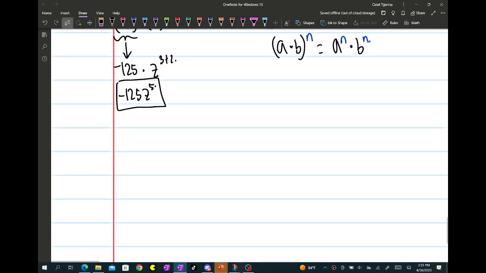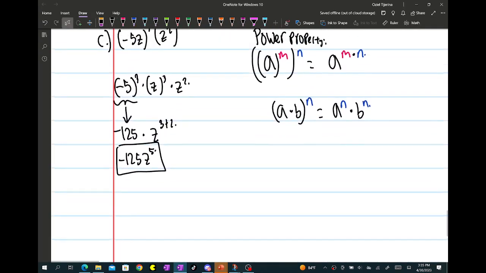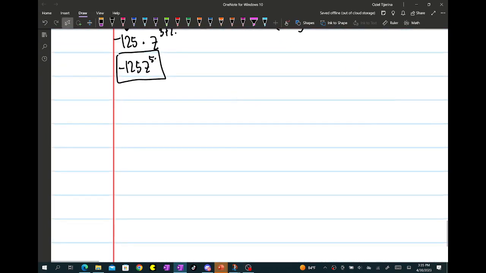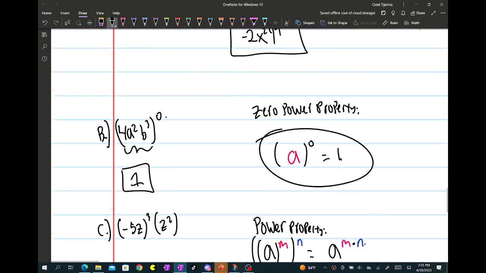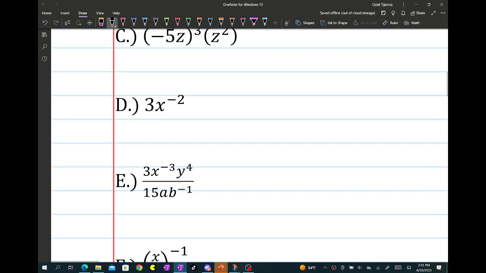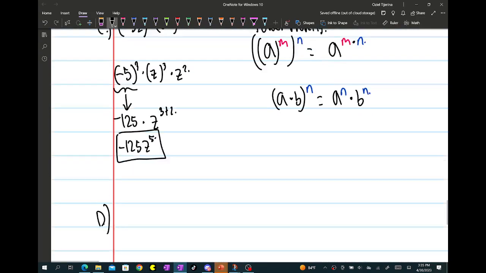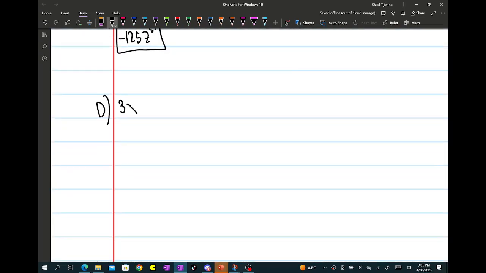Okay. Now, part D says the following, and we're going to go ahead and look at this. So 3x raised to the negative 2. Now, we must not confuse this with 3x to the negative 2. That's not the same as this. Here the exponent is on the outside.